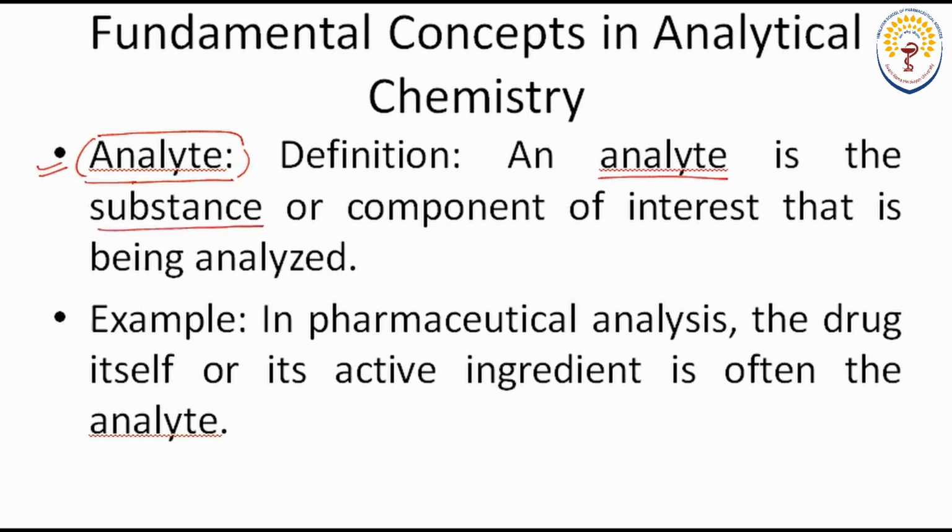It is either a substance or a component which is being analyzed. And what analysis are we doing? We are either performing identification or we are performing quantification. So analyte is a substance which is subjected to the analysis.